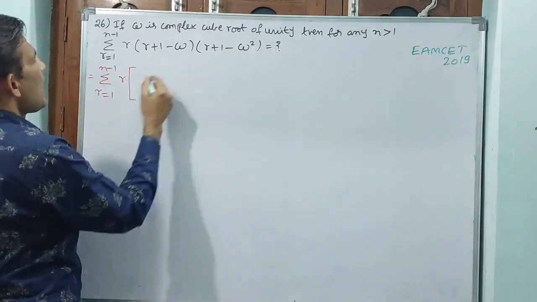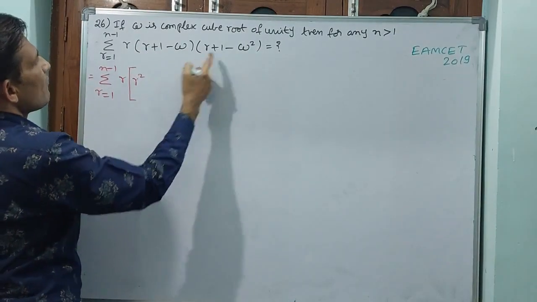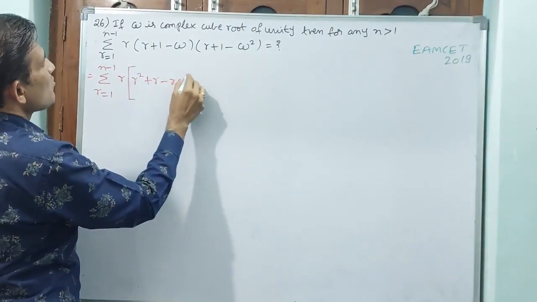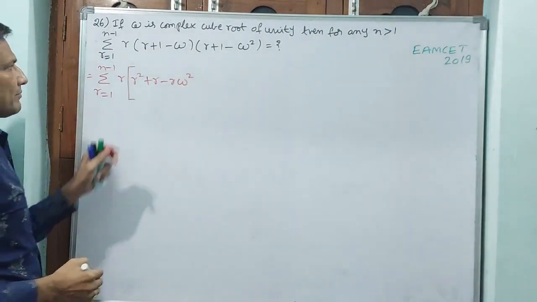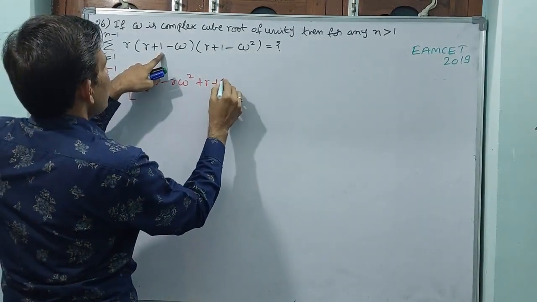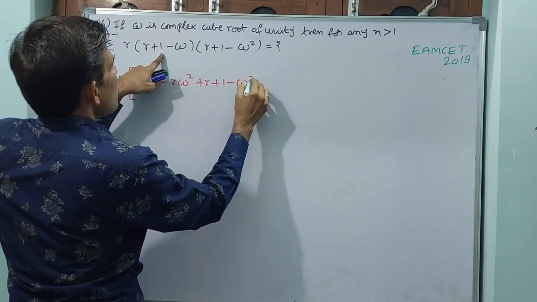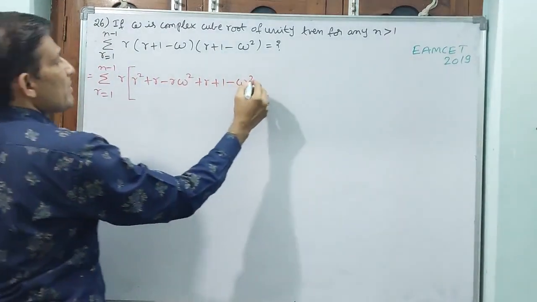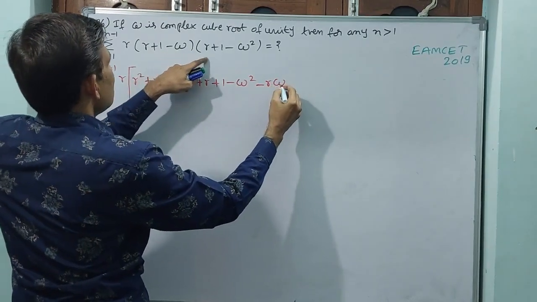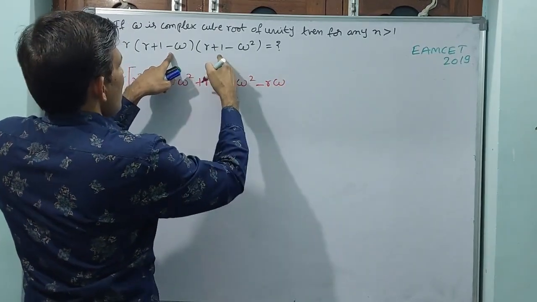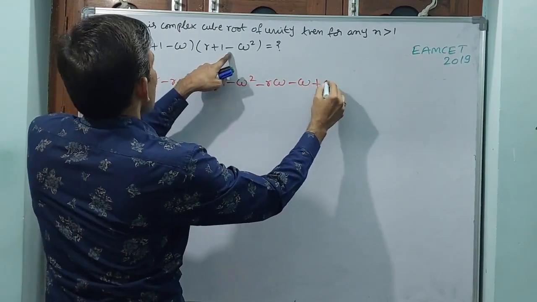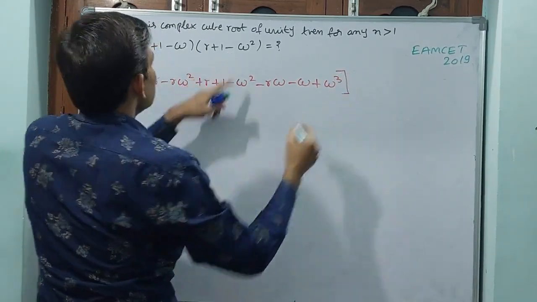Let it be r square, r, minus r omega square, with r over 1, plus r plus 1 minus omega square, with 1, with minus omega, minus r omega, minus omega, plus omega cube.